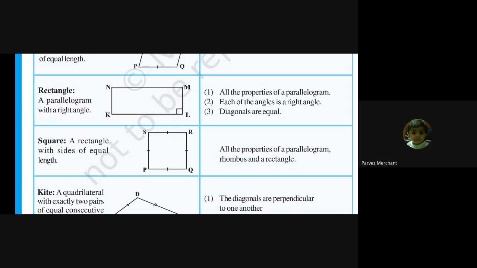Now square. A square is also one type of parallelogram, with four equal sides and four equal angles.